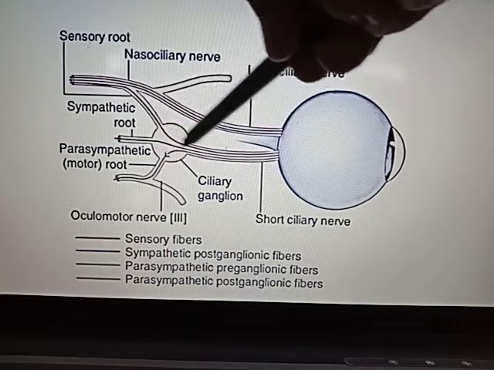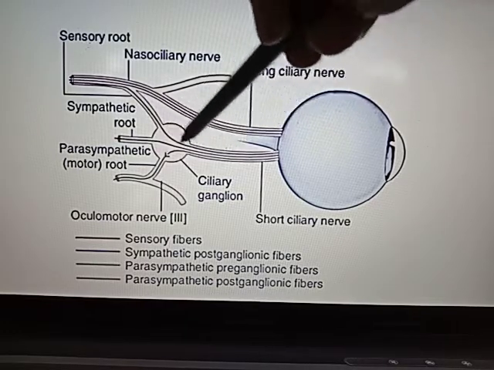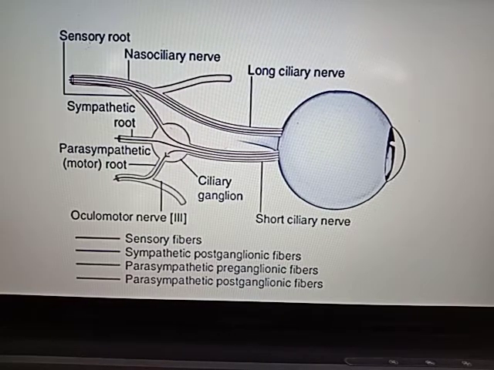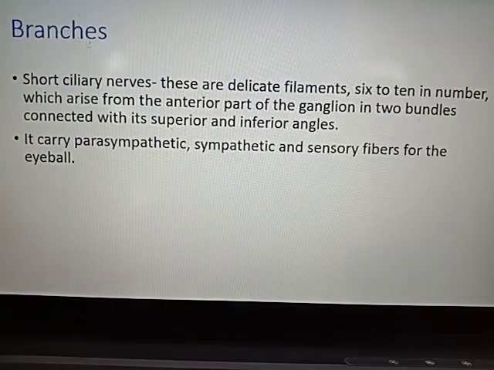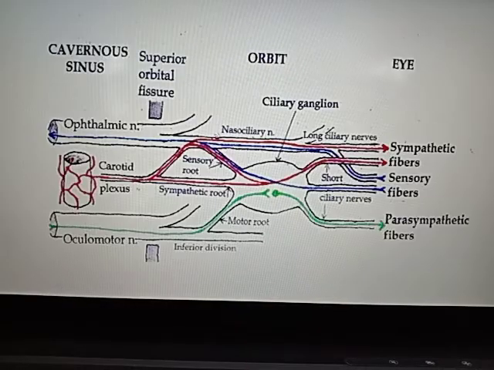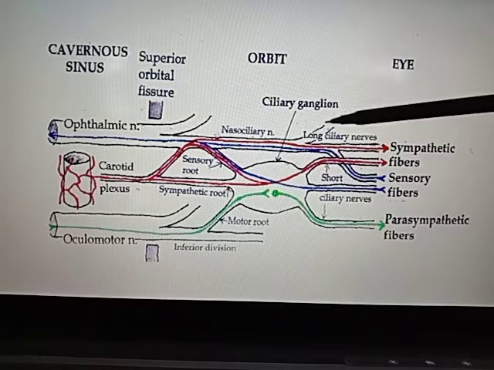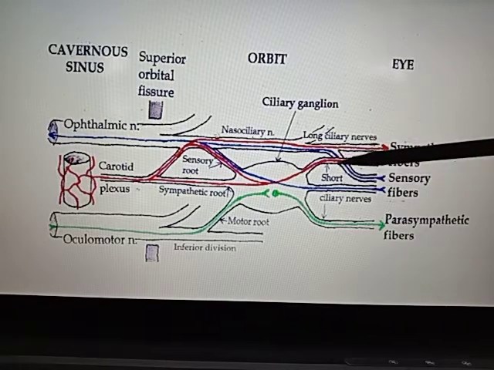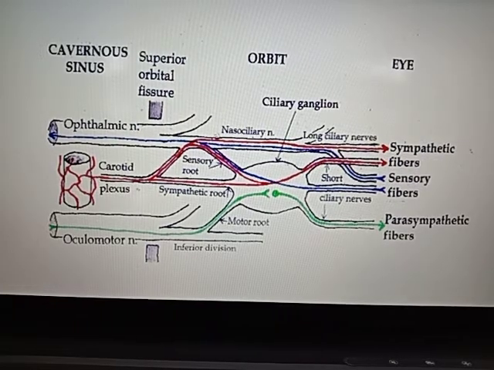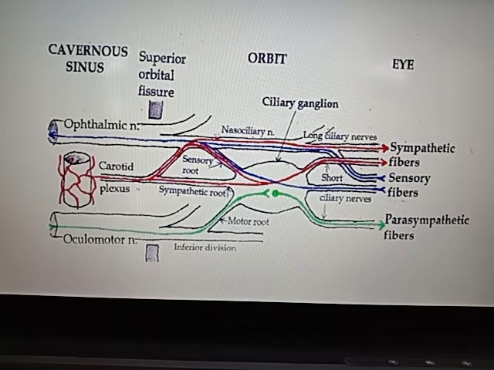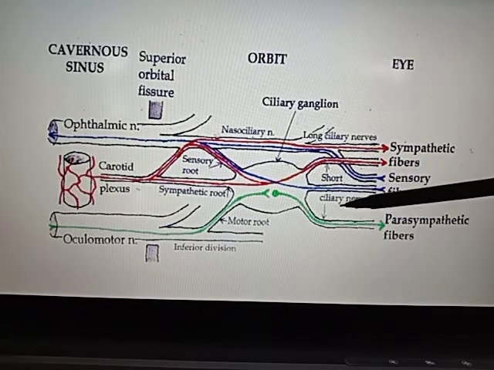In this region there may be some connection. The long ciliary and the short ciliary nerves both contain sympathetic and sensory fibers, and the parasympathetic fiber goes only through the short ciliary nerve.